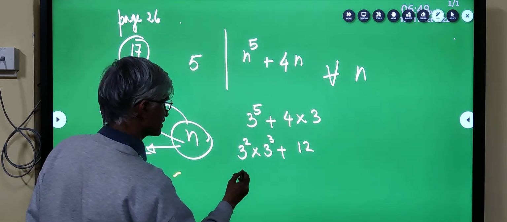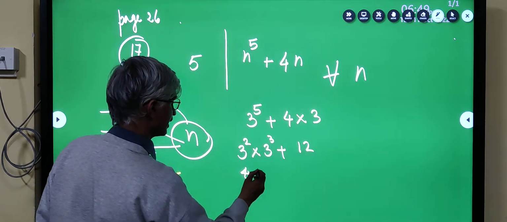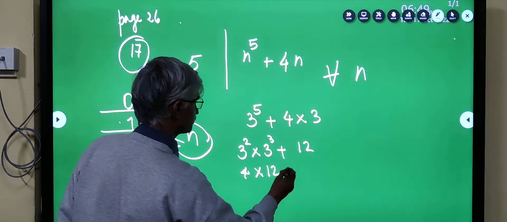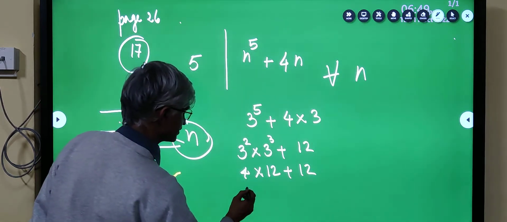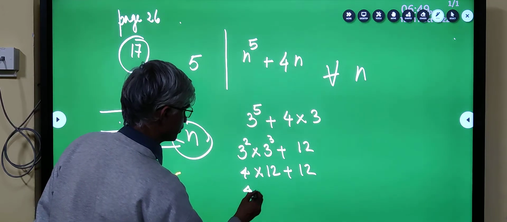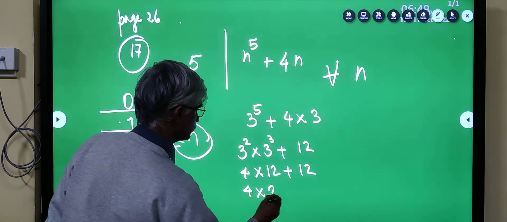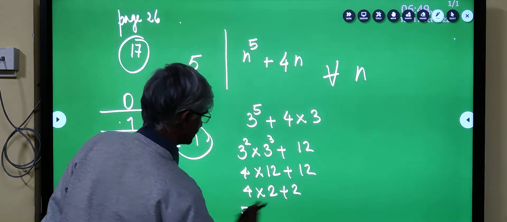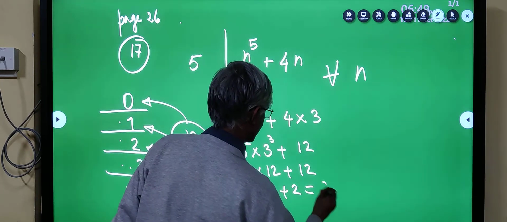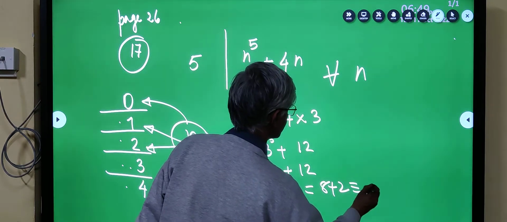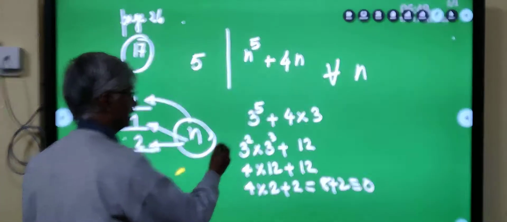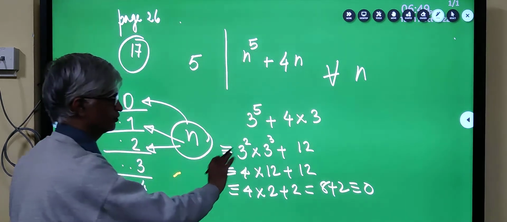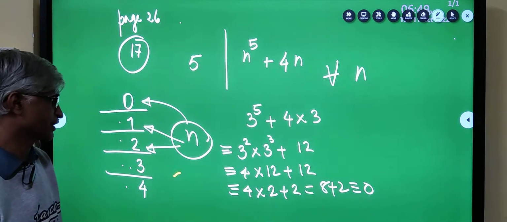But 3 square itself is 4, and this is 4 into 3, 12 plus 12, and this is 4 into 2 plus 2, and this is 8 plus 2, which is nothing but 0. So I have used the remainder rule to my advantage to simplify these big numbers.